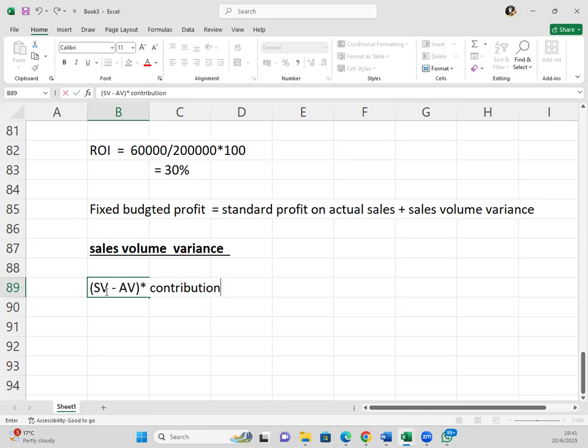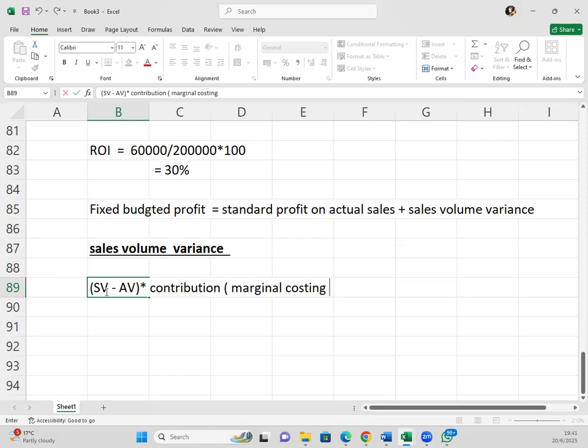We have the sales volume contribution variance. Dana, you can turn off your mic, just click that mic button. If it's the sales volume contribution variance, you multiply with contribution. This one uses marginal costing.